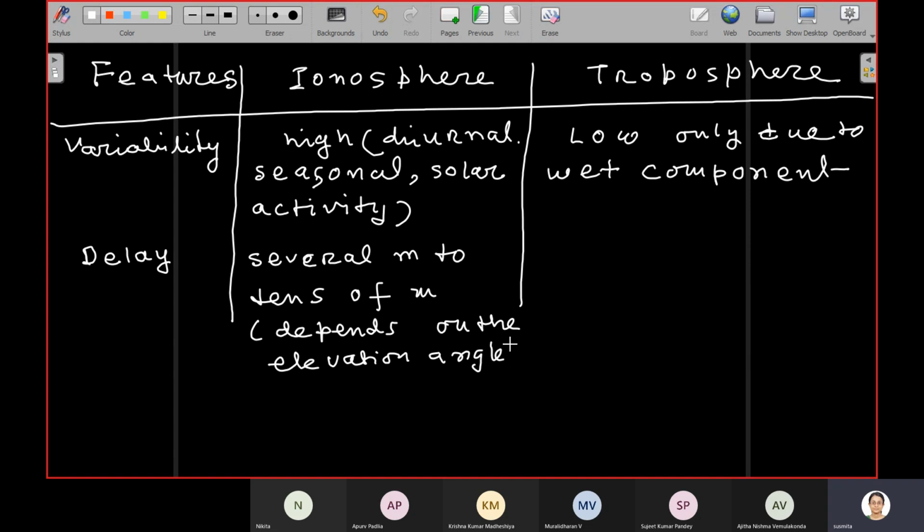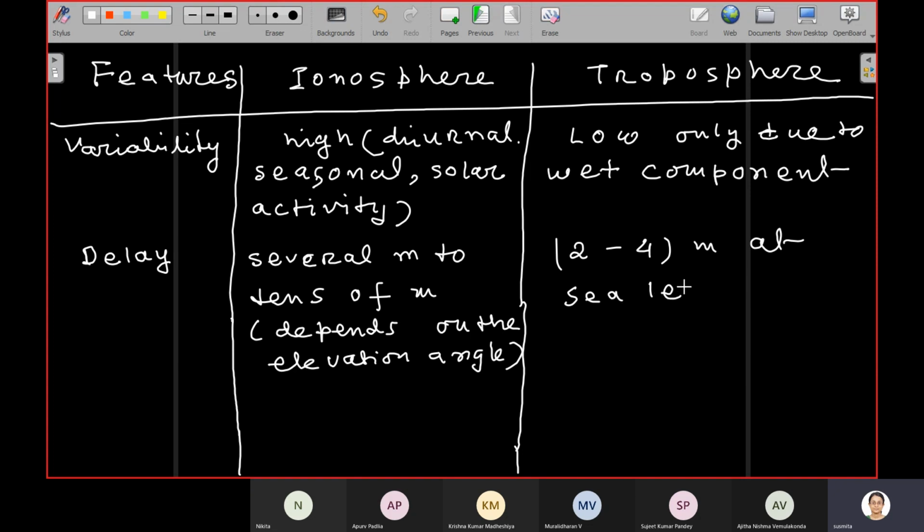The lower the elevation angle, the higher is the error, because the signal has to travel a longer path. Then in case of the troposphere, it is on the order of 2 to 4 meters at sea level. Again, it depends on elevation angles.